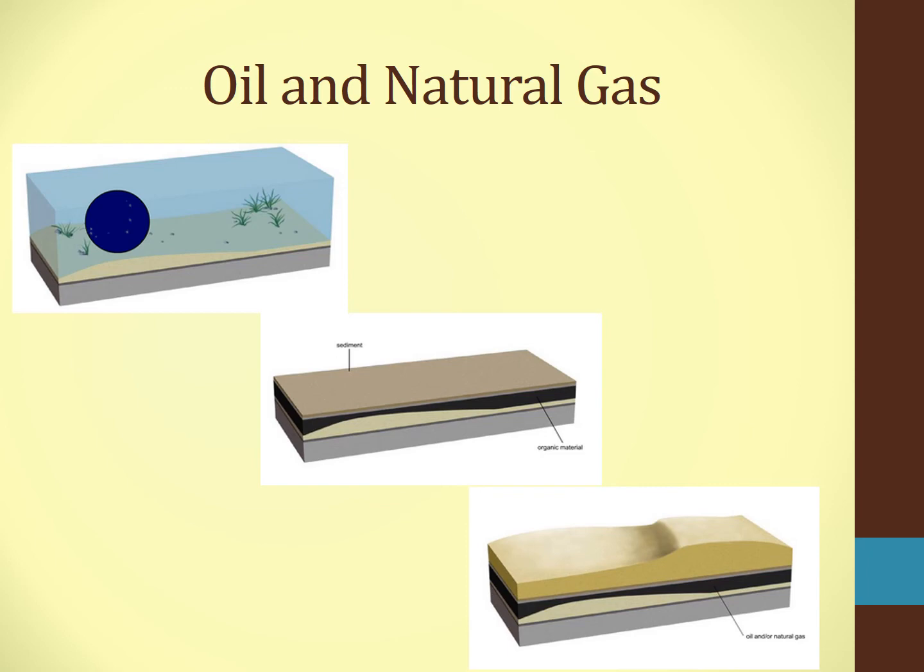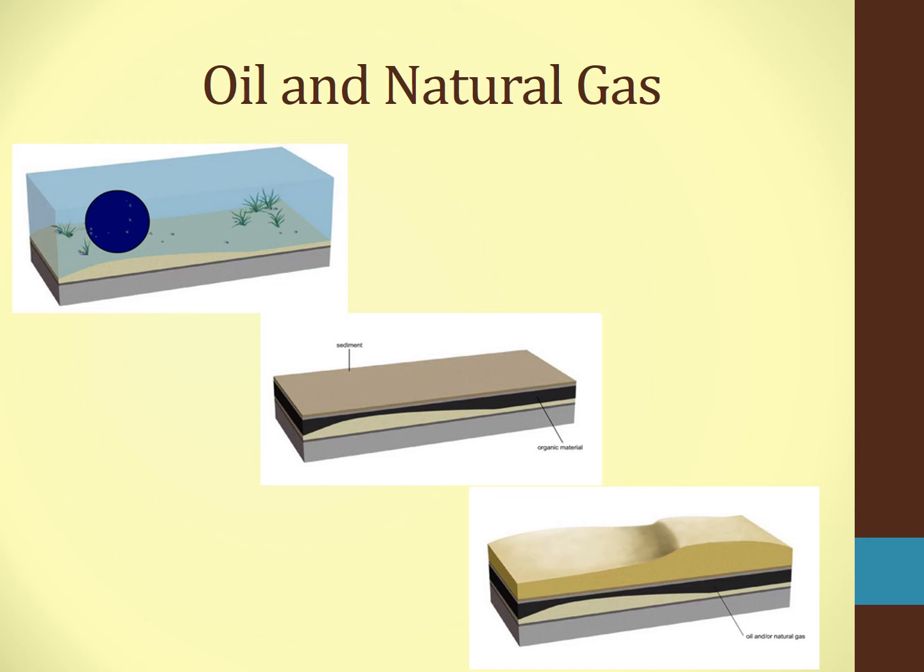Imagine an ancient marine environment where tiny marine organisms such as plankton and algae die and sink to the bottom of the ocean. Their remains pile up and are buried under all of the sediment under the sea.